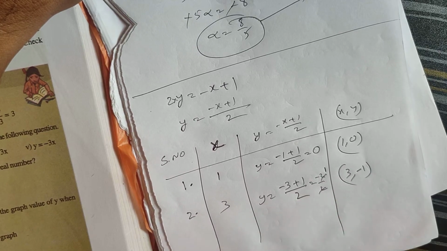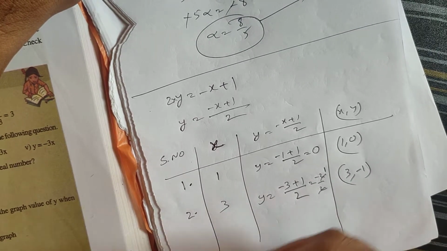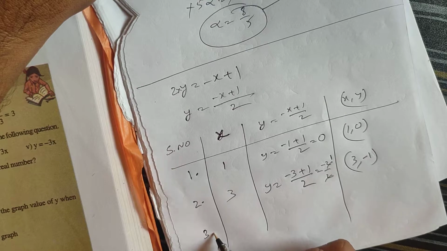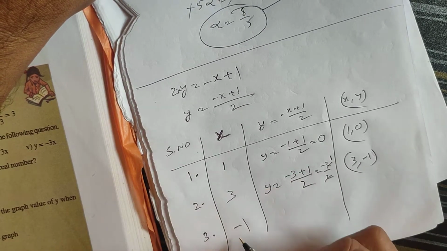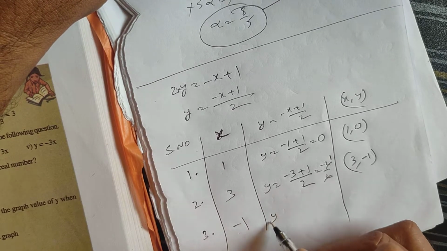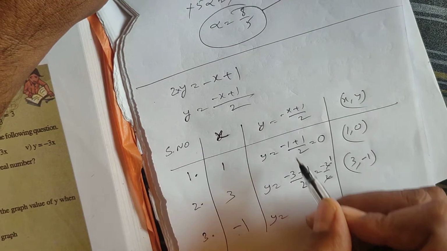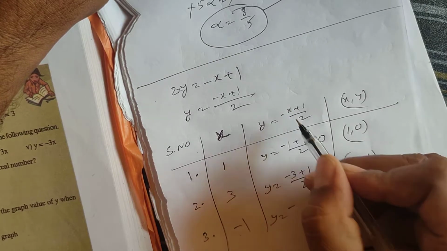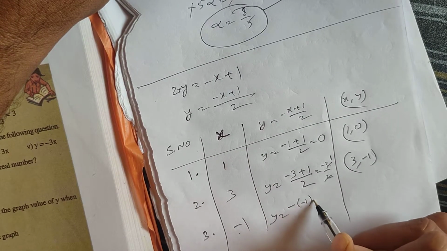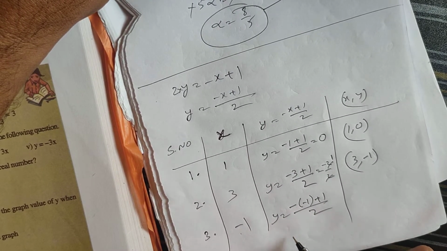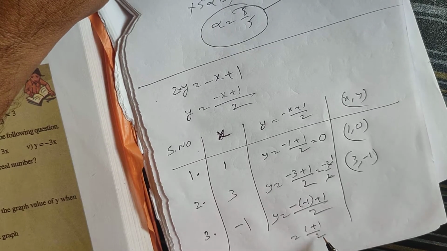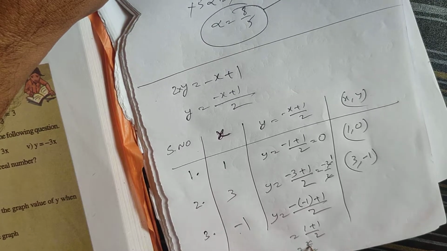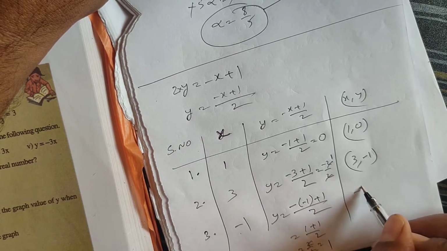So 3 comma minus 1. What happens when you are taking minus values? You can take x is equal to minus 1. So y is equal to, in the formula you have minus x, means minus of minus 1 plus 1 by 2. Minus of minus 1 means plus 1, so 1 plus 1 by 2, 2 by 2 is equal to 1. So you are getting minus 1 comma 1.